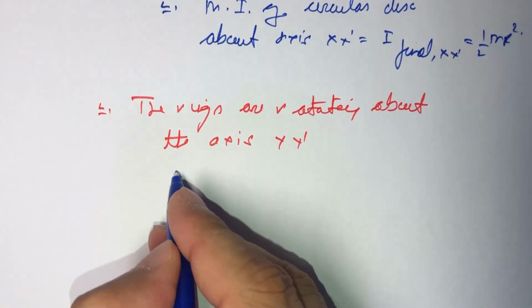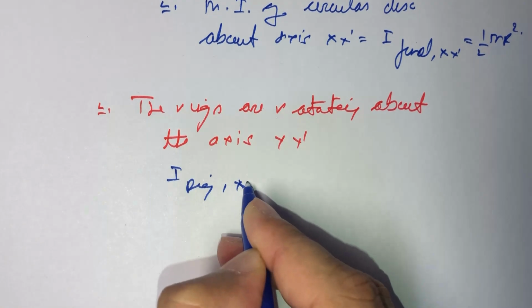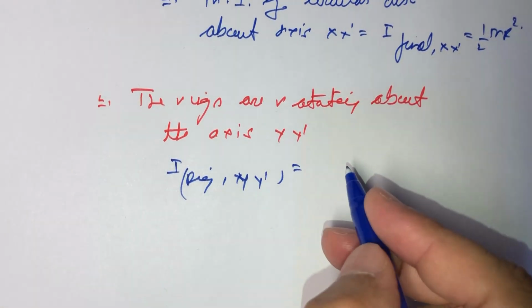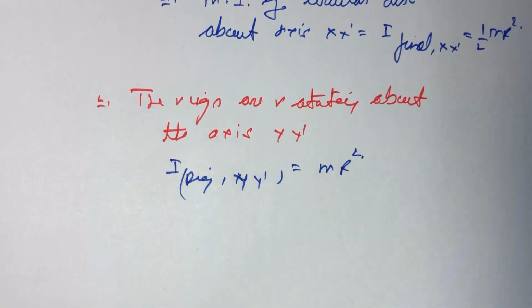So we can say I ring about the axis y prime, its moment of inertia will be given as mr square.